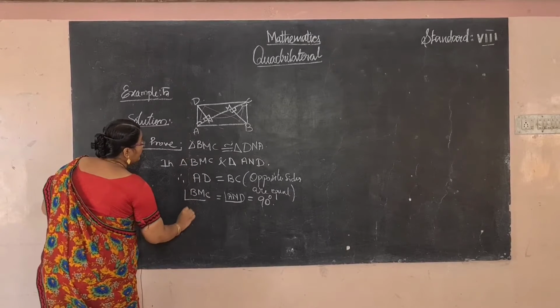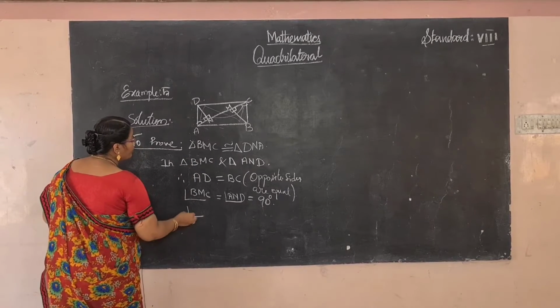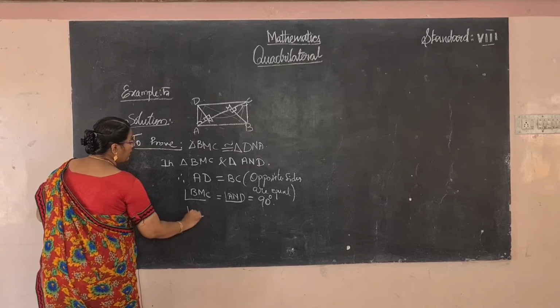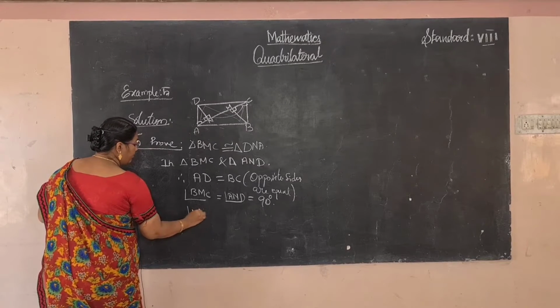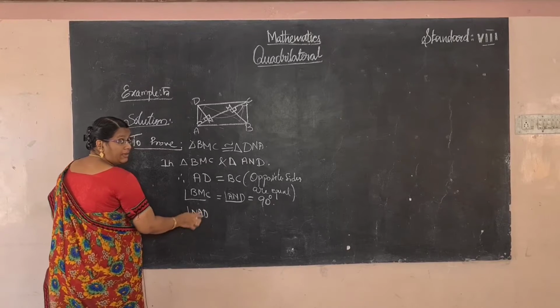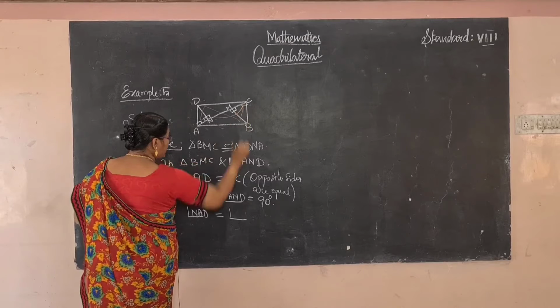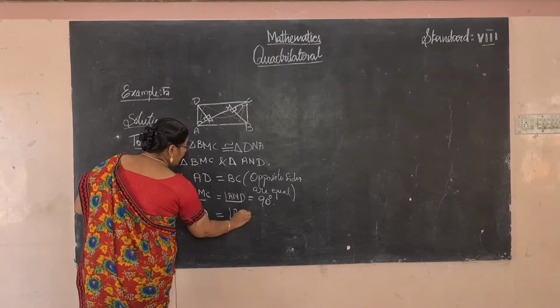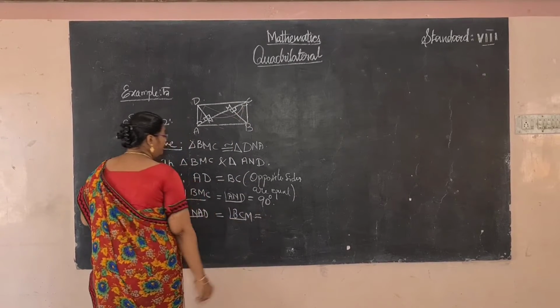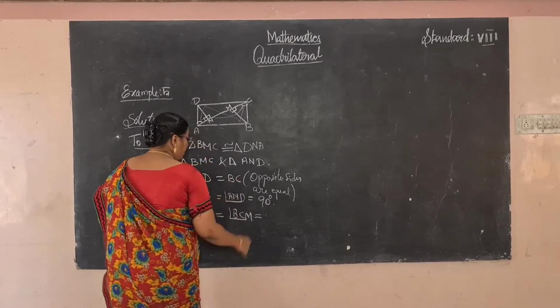Now write that angle NAD, angle A right in the center. Which angle alternates? C. So BCM is equal to NAD, both having the same angle.